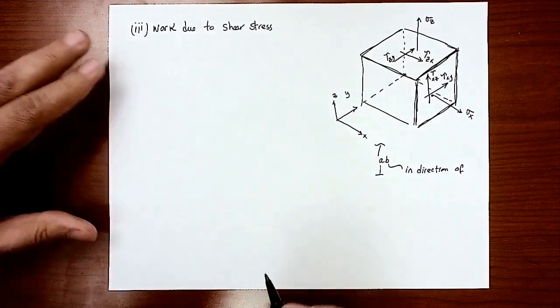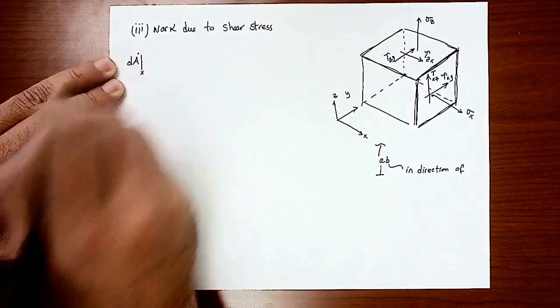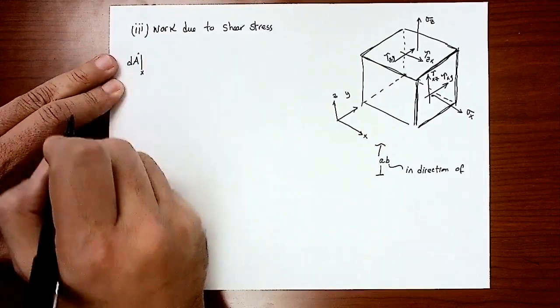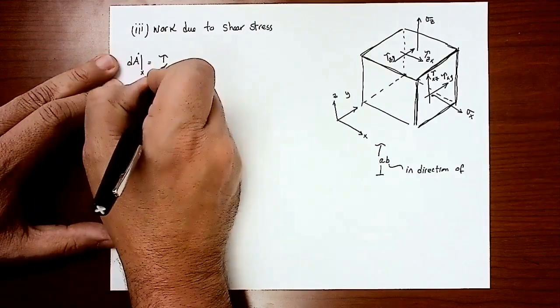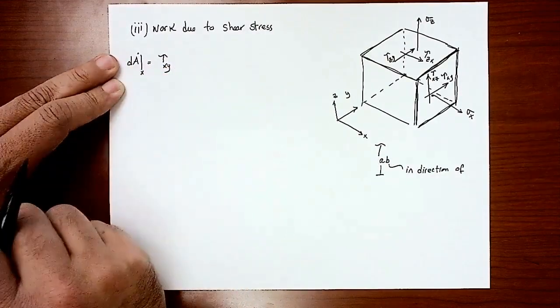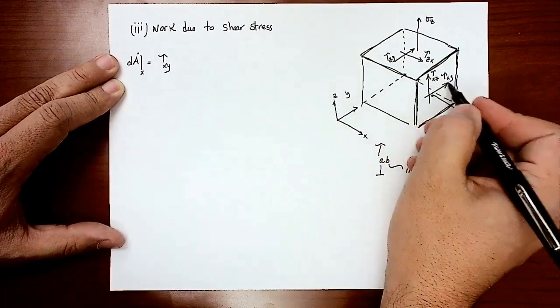So if I look at the final effect of the shear stress, dA dot, just in the x direction, right? When I say that I have tau xy, I'm perpendicular to the x in the y direction, this guy.